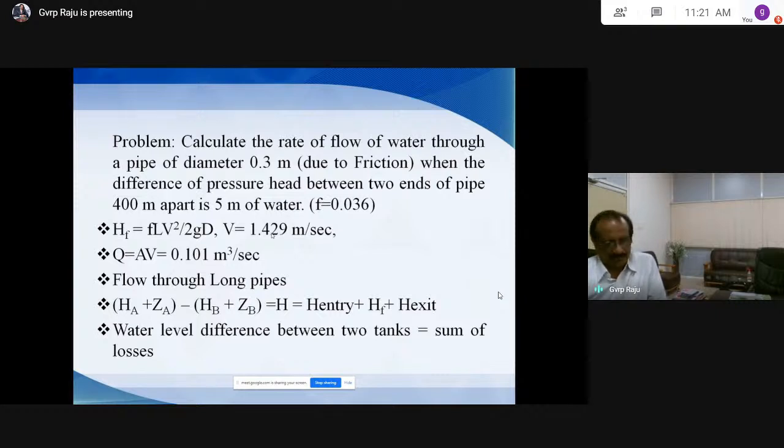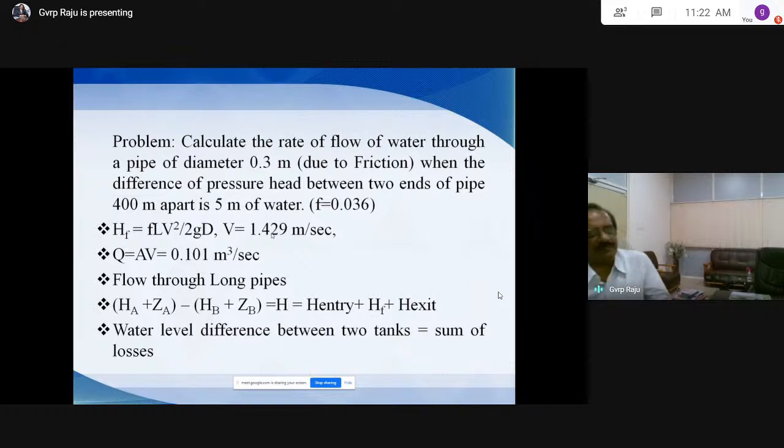Rate of flow means discharge. Some of the students, when they ask you to find out discharge, give A into V, but when he asks rate of flow, they are unable to give the discharge. Rate of flow means the flow of water flowing per second. Discharge is the volume of water flowing per second, so rate of flow, volume of flow, or discharge, all the three are same.